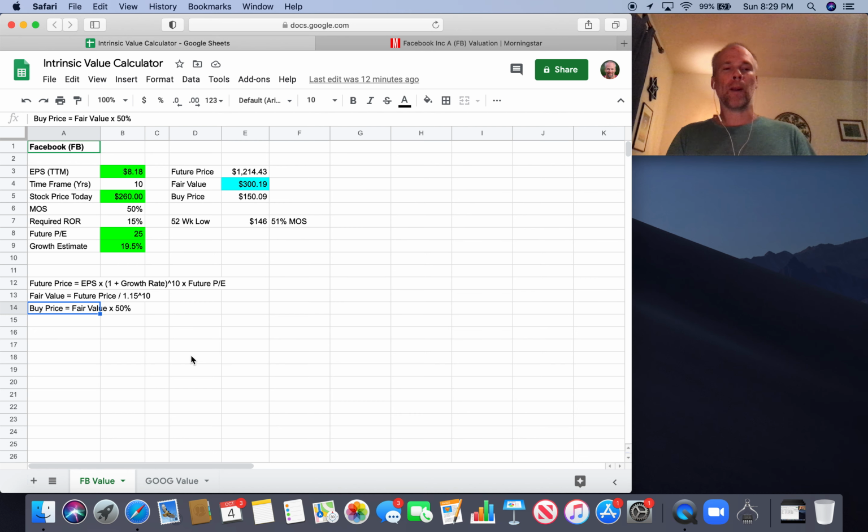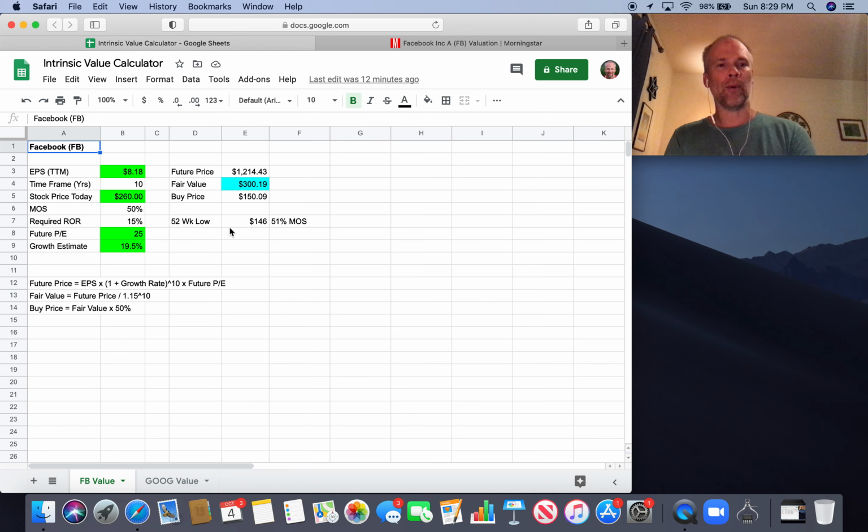And so if we're buying at a discount to fair value, that means we can make mistakes in our estimates and still make money, right? Or, if the company, looking back 10 years, doesn't perform as well over the next 10 years, that's possible as well. So we've built in a cushion if we're buying with a margin of safety. And that's what this is, MOS, margin of safety, 50%. We want a 50% discount from the fair value.